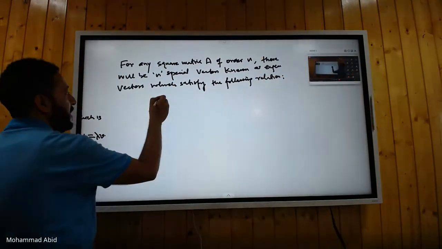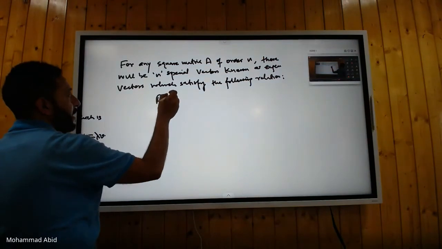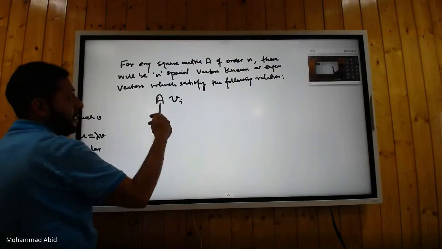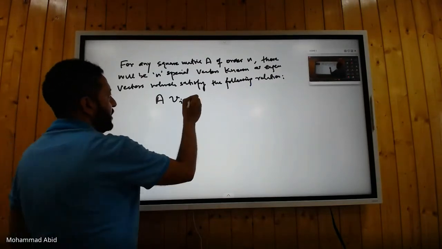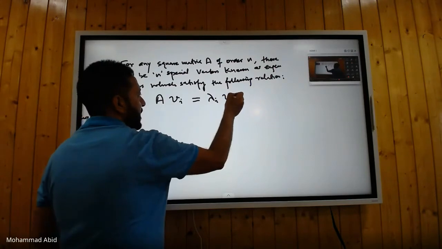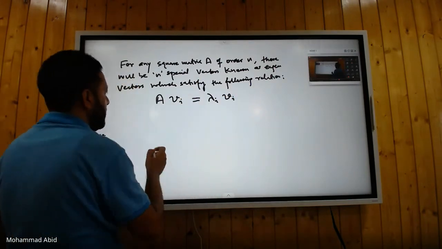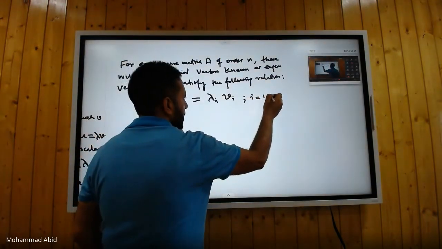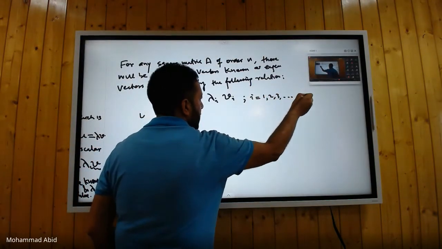That is A Vi, because there will be n such vectors, equals lambda i Vi, where i runs from 1 to n.